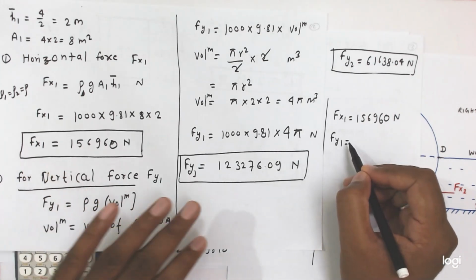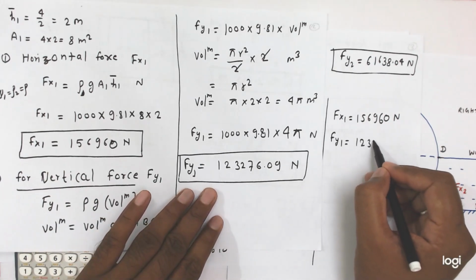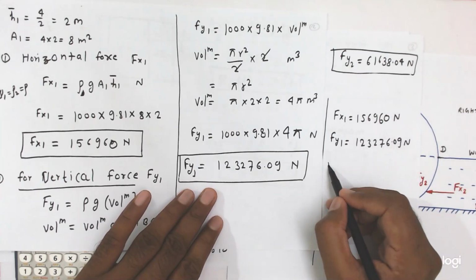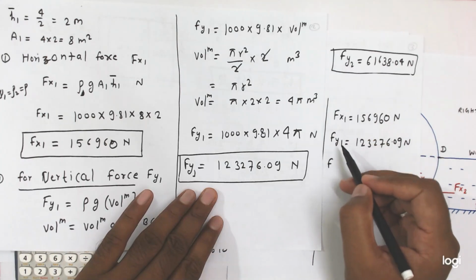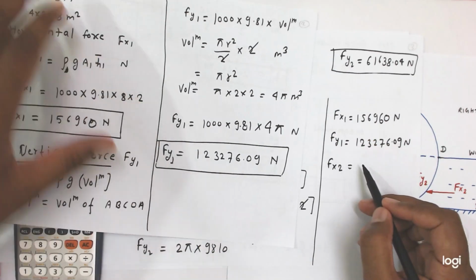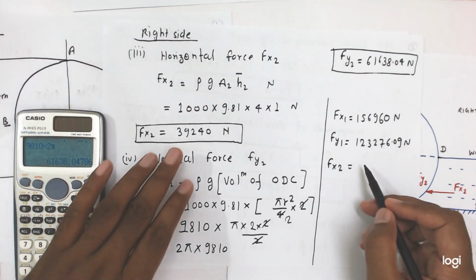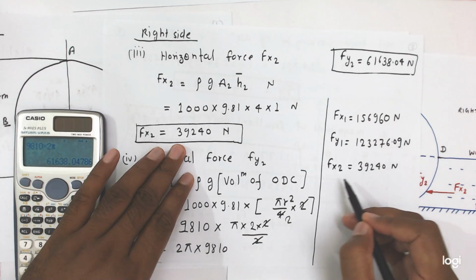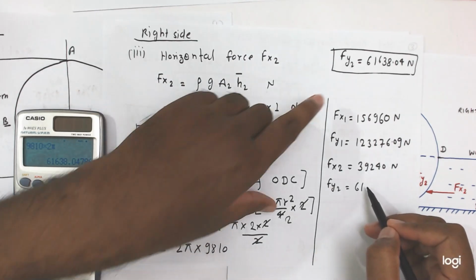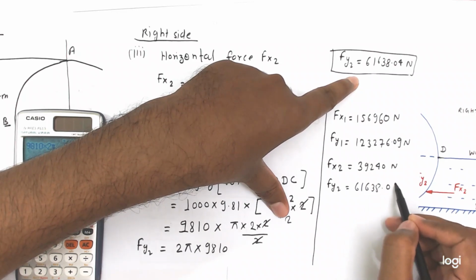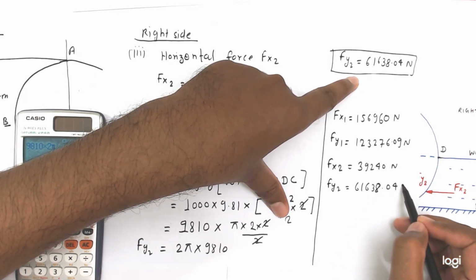Fy1 is equal to 12326.09 Newton. This is the left side, and this is Fx2, the right side force. It is equal to 39240 Newton, and this Fy2 is equal to 61638.04 Newton.